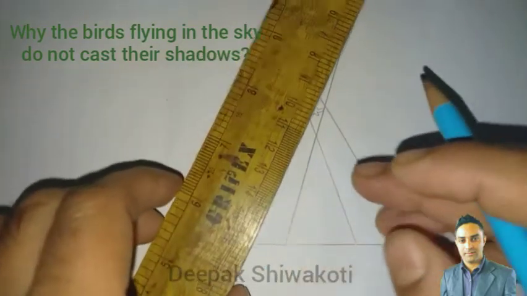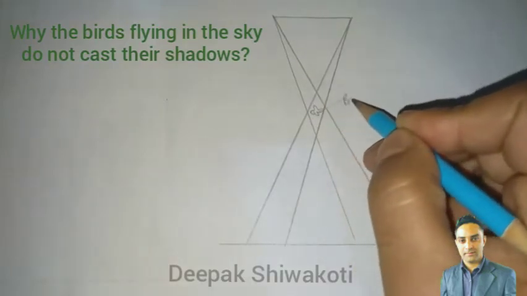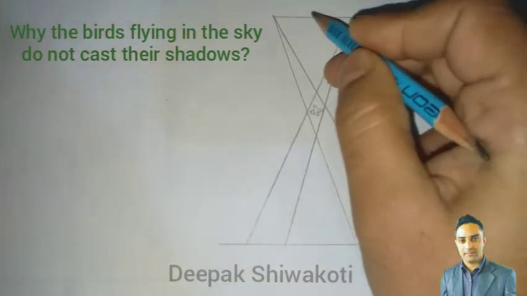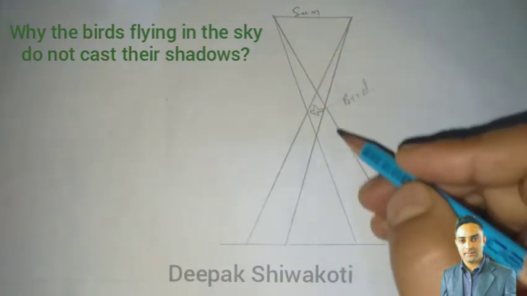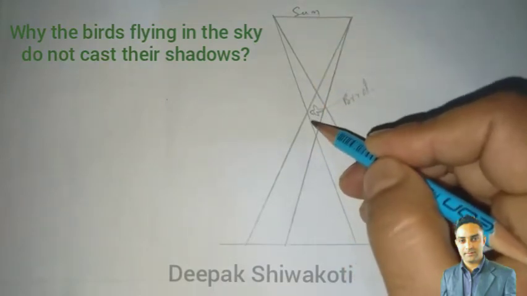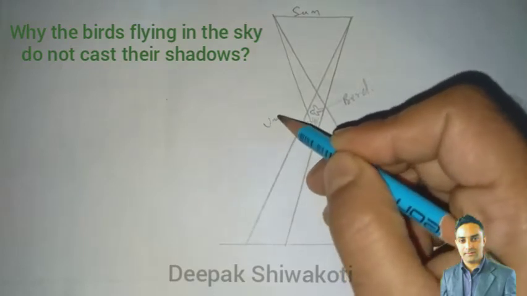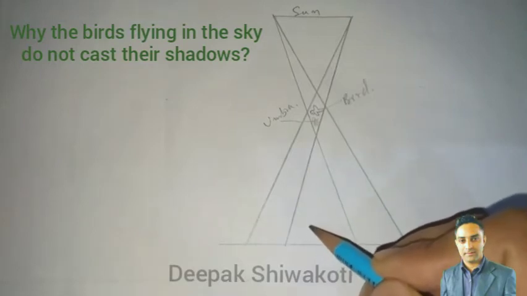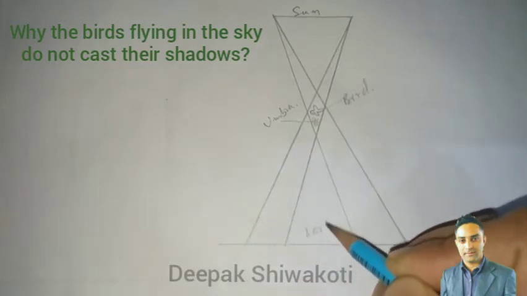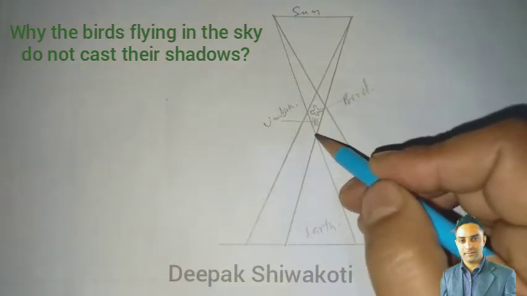Look at this. This is the bird and this is the sun, diameter of the sun, and this region is the umbra region, which is in the atmosphere only. This one is the umbra region, and this is the earth. So here is the penumbra. Umbra region is finished here only.